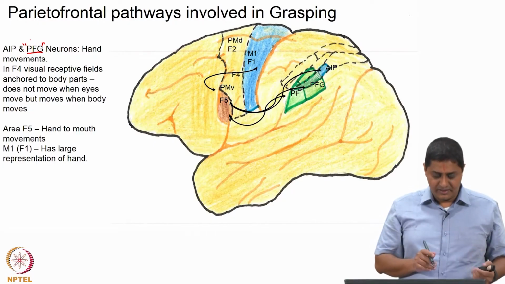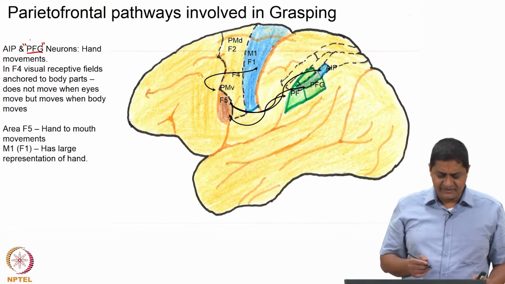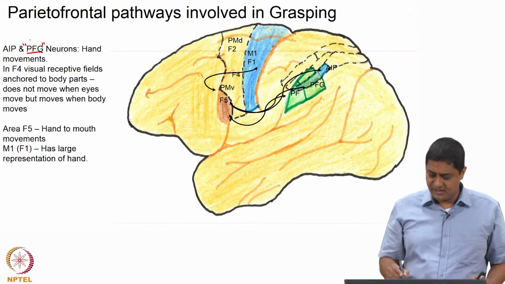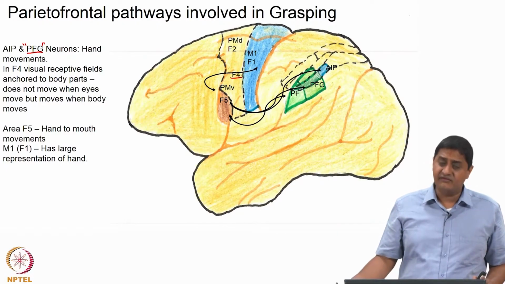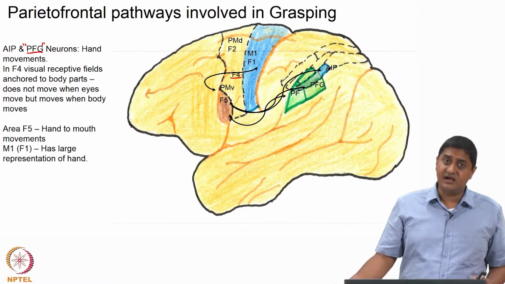And as I mentioned, the area F4 is active when a particular part of the body moves, but not necessarily when the eyes move. So, vision is going to affect this less than actual movement.